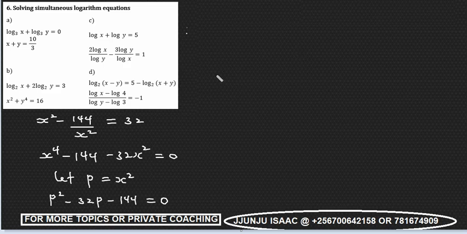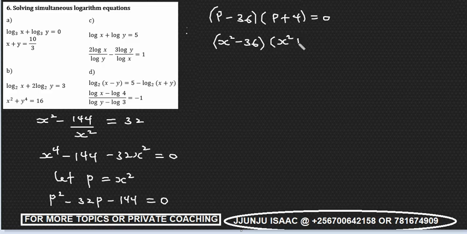So if we factorize this equation, we get (p minus 36) times (p plus 4) equal to 0. I can then replace p with x squared. So this is (x squared minus 36) times (x squared plus 4) equal to 0.